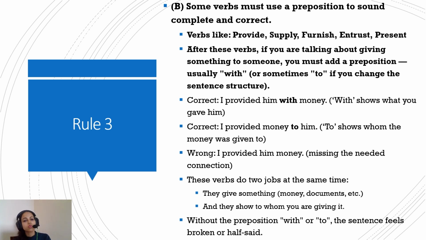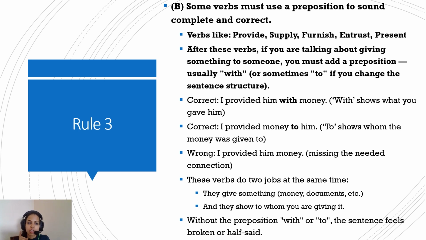So these verbs, provide, supply, furnish, what are they doing? These verbs are doing two jobs primarily. They give something like money, document, etc., and they show to whom it is being given. So in this case, to give meaning to this connection, the prepositions must be used. So without the preposition with or to, the sentences feel broken and half said.